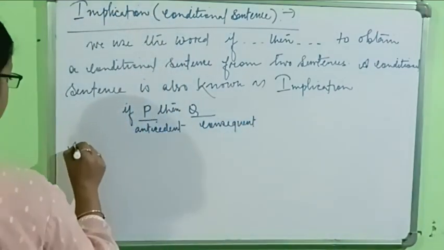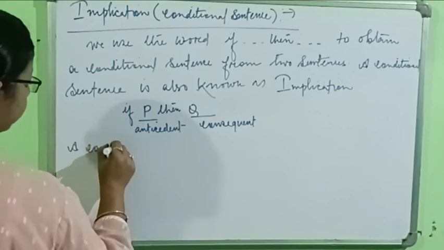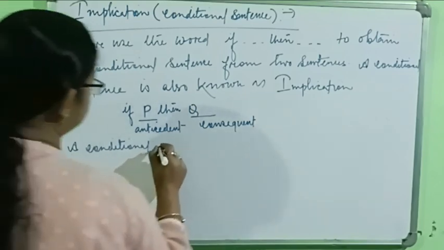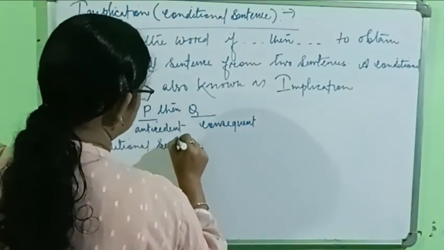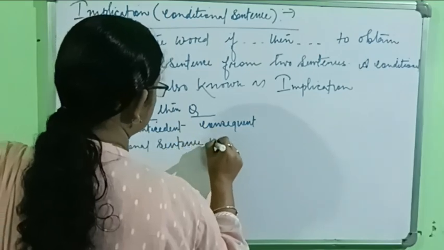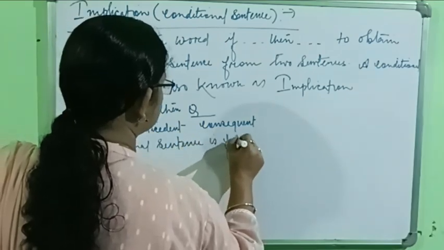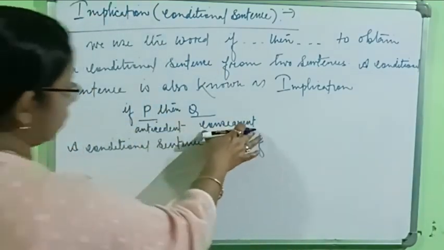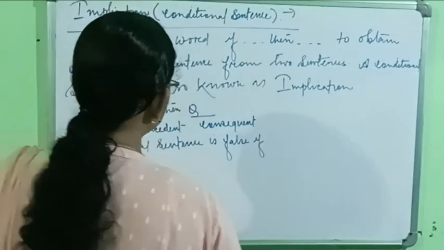A conditional sentence is false if the antecedent is true but the consequent is false.